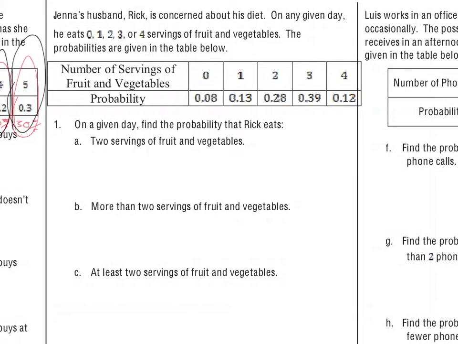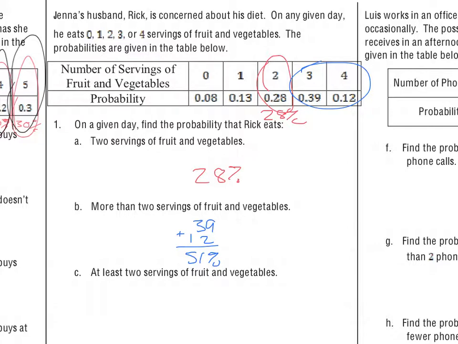All right, so looking at this here, it says 2 servings of fruits and vegetables. So that's going to be here. That's just reading directly off. This is 28%. There's a 28% chance. More than 2 servings of fruits and vegetables. So that's what I've circled here in blue. That's 39% plus 12% would be 51%.